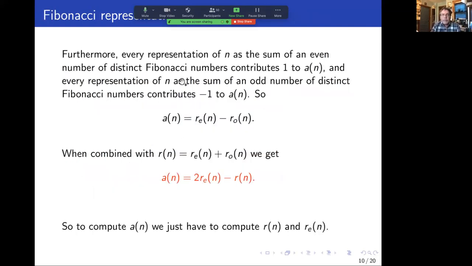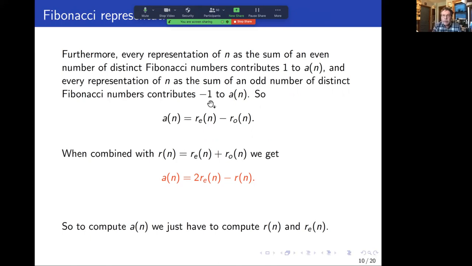Now, every representation of n as the sum of an even number of distinct Fibonacci numbers in our infinite product, well, because there's a minus sign there, if we get an even number of distinct Fibonacci numbers, then this is going to multiply -1 by itself an even number of times. So that's going to contribute 1 to our quantity A of n that we're trying to study, this coefficient in this power series. And if n is a sum of an odd number of distinct Fibonacci numbers, we'll get an odd number of -1s multiplied together.